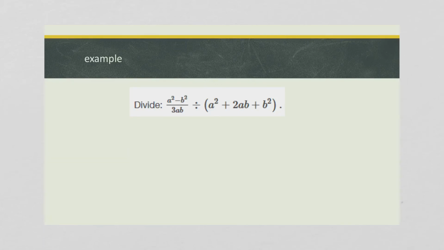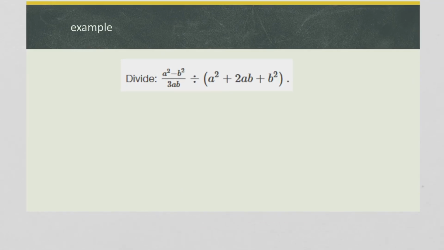Okay, so let's take a look at this one now. All right, so let's factor. So this would be a minus b, a plus b. And then don't forget, this baby right here is over 1, right? So this would factor to be a plus b and a plus b, okay?